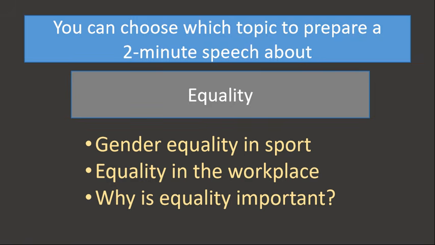So should they be judged based on their first language? This is a kind of topic that you might feel very strongly about, although the questions for this part might be a bit tougher. However, those are the three options: environment, media, equality. Choose the one that you know most about and you can do best in.